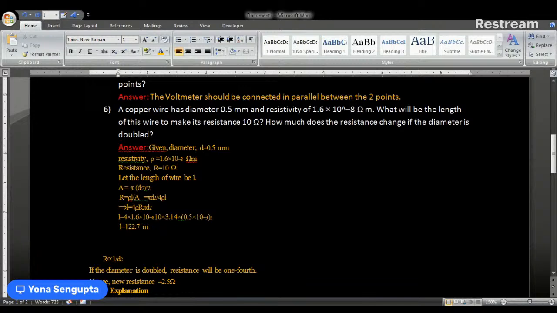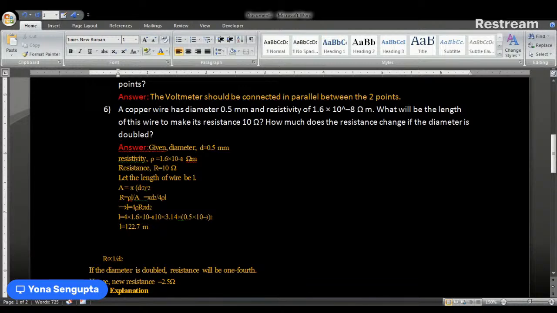So as you can see, if the diameter is doubled, the new resistance would be 2.5 ohm. Why? Because we know R is directly proportional to 1 by d square.